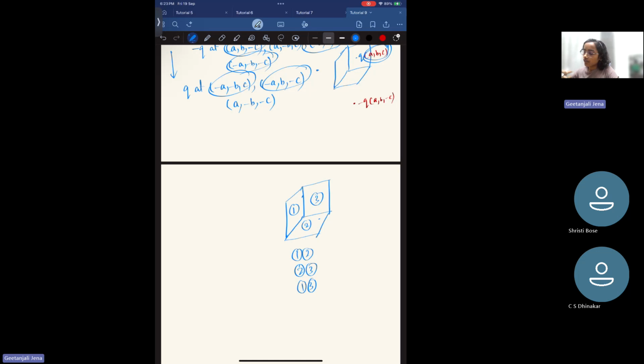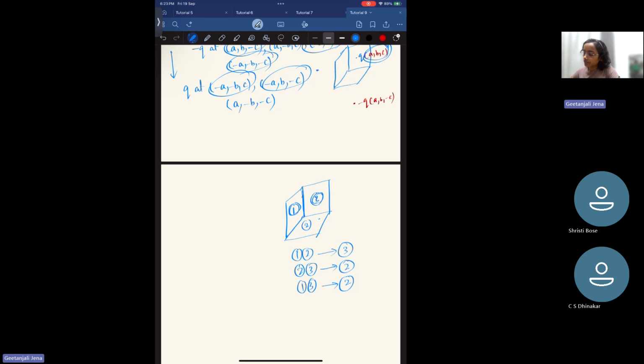And we have seen that for each right angle you will have three image charges. So 1, 2 will give three image charges, right? Let us see 1, 3. 1, 3 will also give three image charges, but if you see, these two planes will share one image charge. That is why there will be two. And for 2, 3 also, it will be 2.